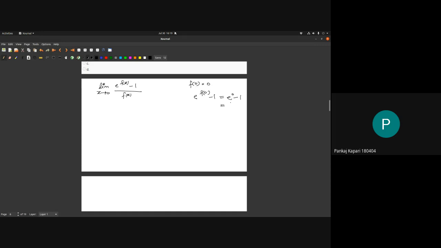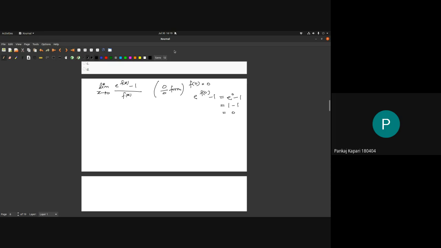What is e to the power 0? This is 1 minus 1, so this is 0. That means the numerator and denominator, when you put 0, you'll get 0. Therefore, this limit is a 0 by 0 form. So it's a 0 by 0 indeterminate form, right?